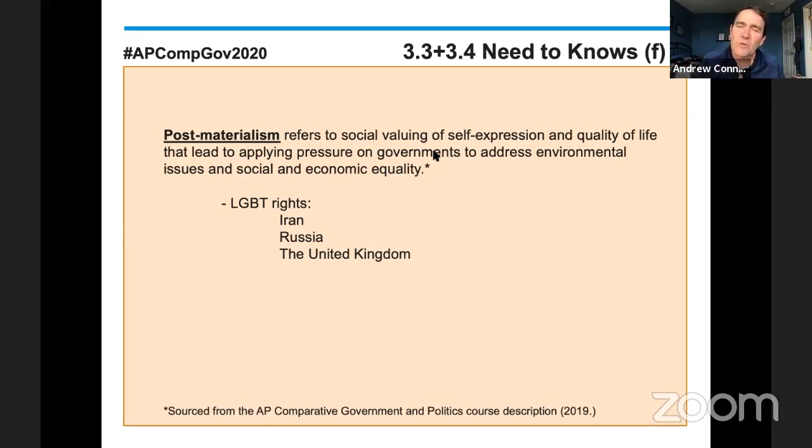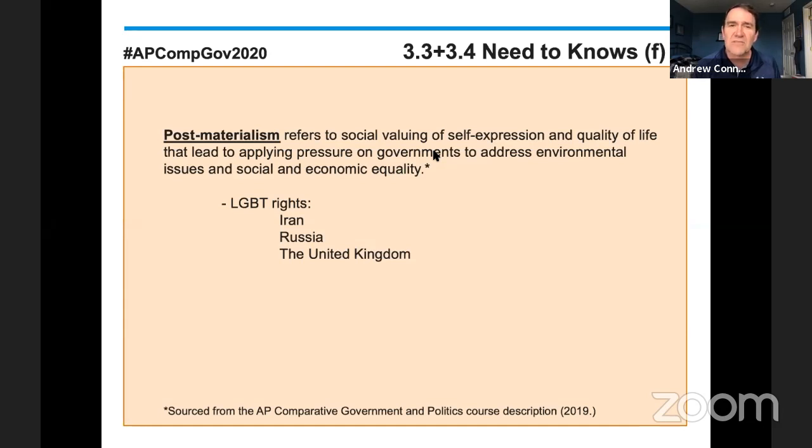And essentially, a way to describe this is after a country is finding economic success, it might be moving more into debating post-material policies. And the example I use in class for this are LGBT rights as it applies to different countries that we study.